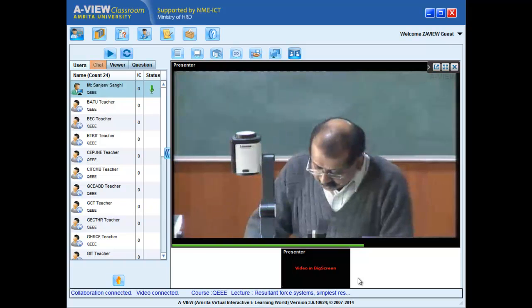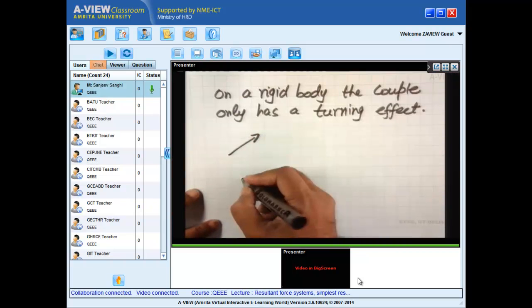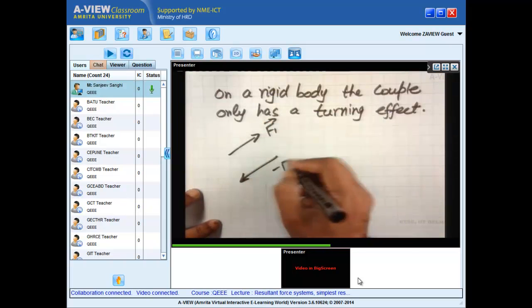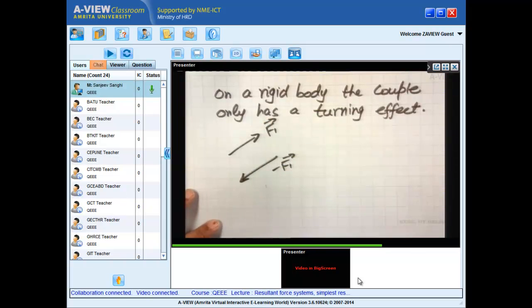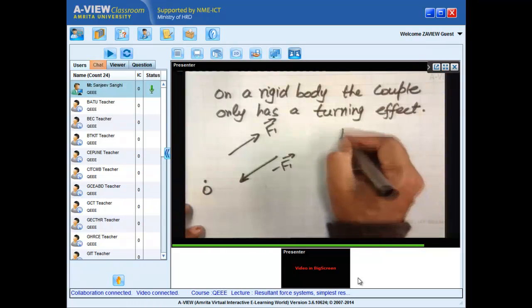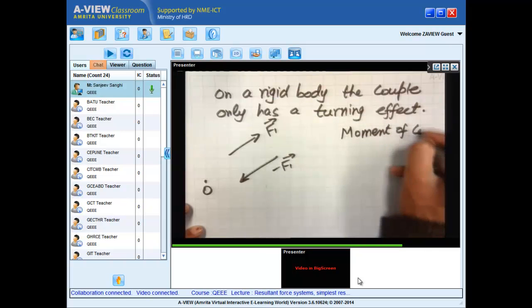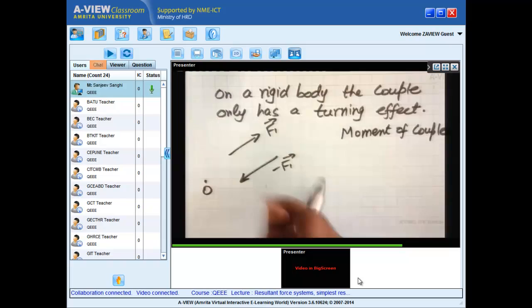Now let's try to think of this. Let's say this is a force F1, this is a force minus F1. Let us choose some general point O, and let us try to find the moment of the couple. Now couple is what? The system of forces F1 and minus F1.